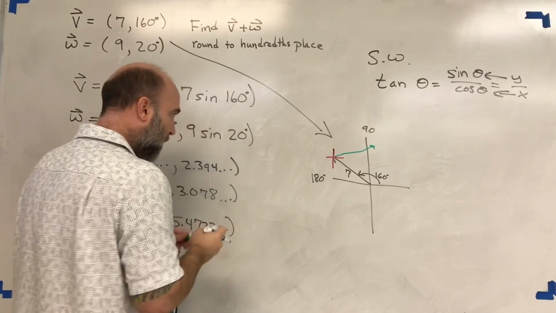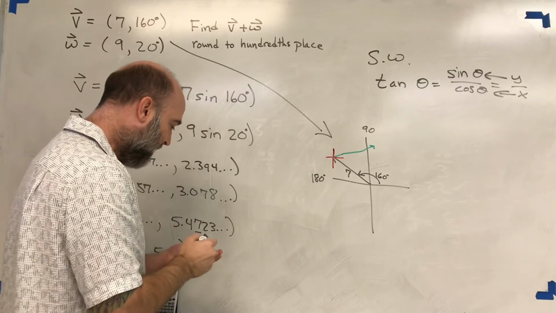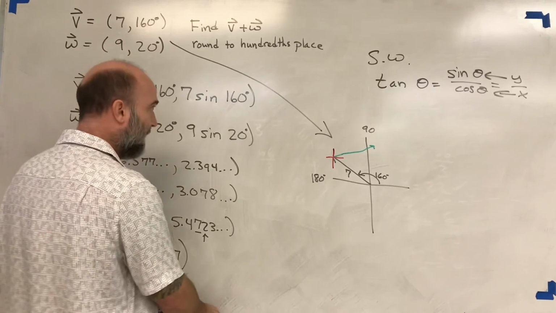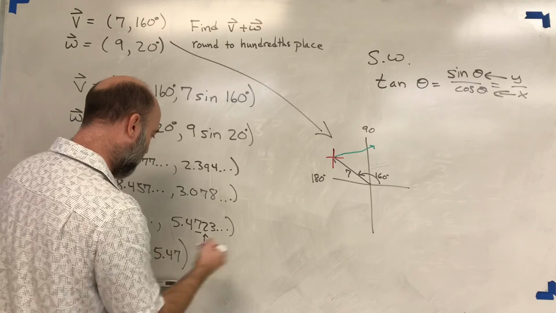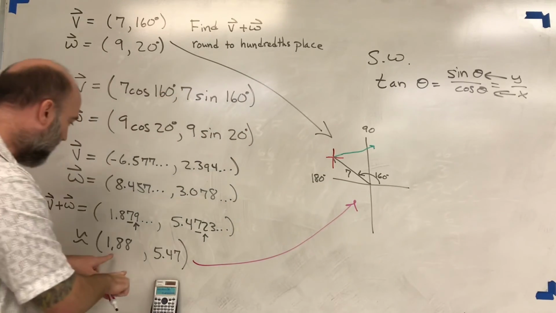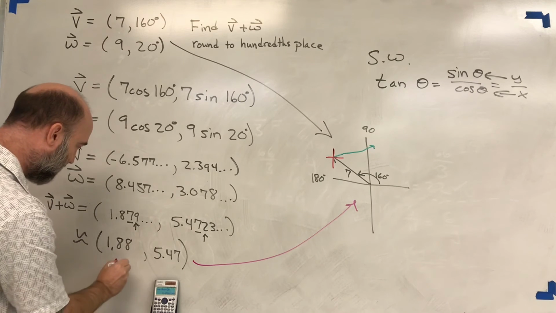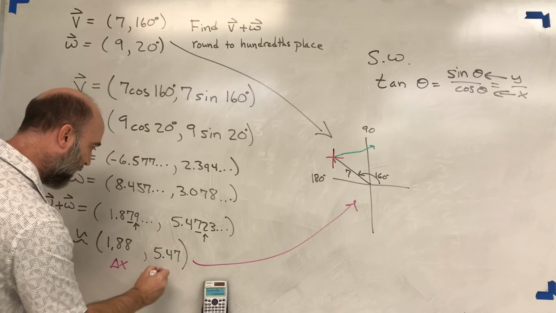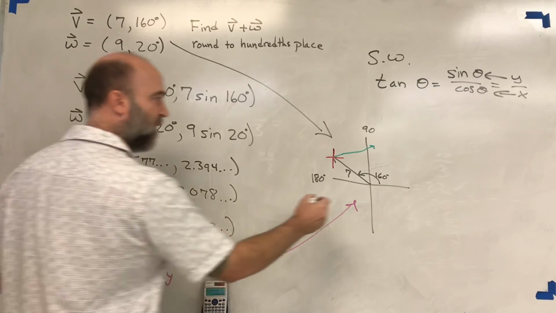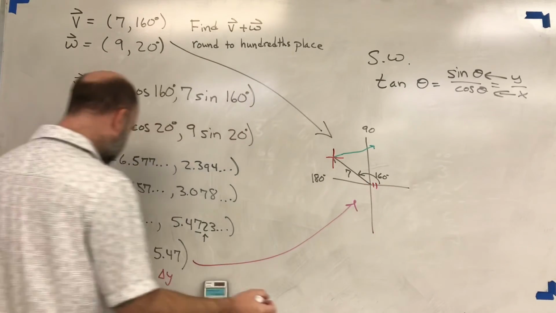Okay, so the question is, does that make sense with this component vector of them being added? Let's check out what this one looks like. This would be a change in x and a change in y. A change in x is almost 2, so it's like 1, 2 for my x change.